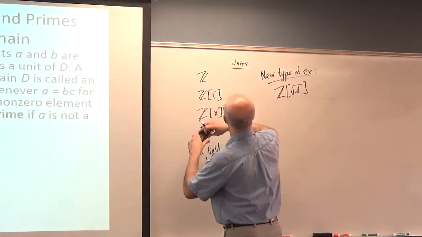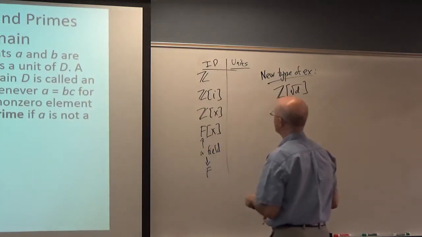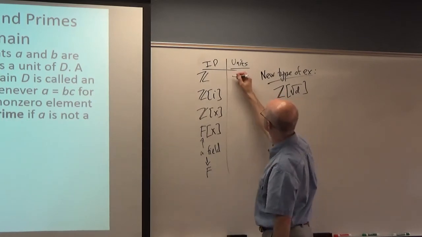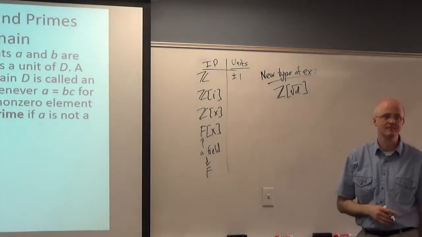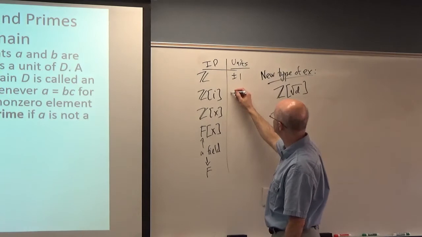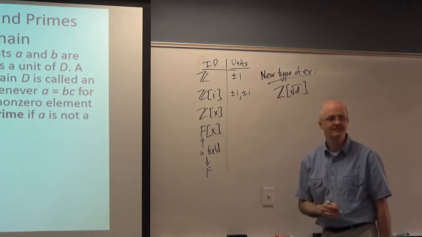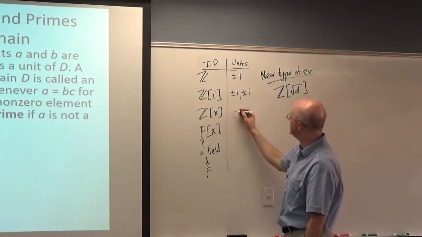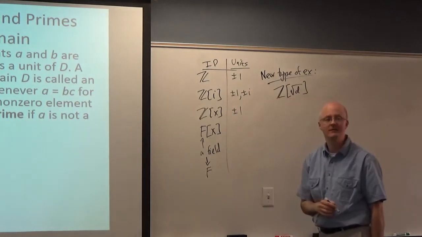Guess I'm making a chart now. ID stands for integral domain. What are the units? The units in Z are plus or minus 1. Nothing else. The units in Z[i], the Gaussian integers, there are 4 of them: plus or minus 1, plus or minus i. The units in Z[x], polynomials with integer coefficients, are the constant polynomials plus or minus 1.